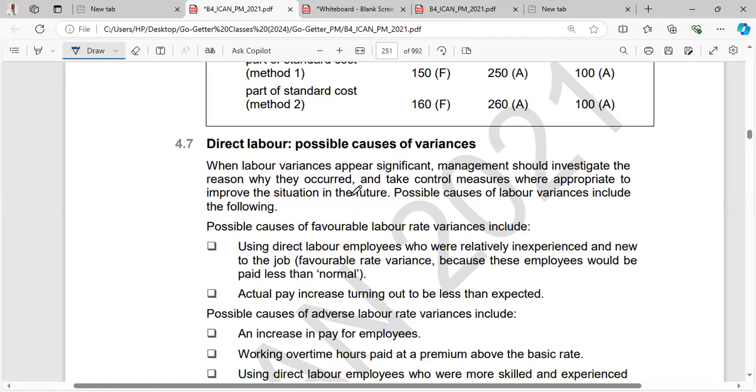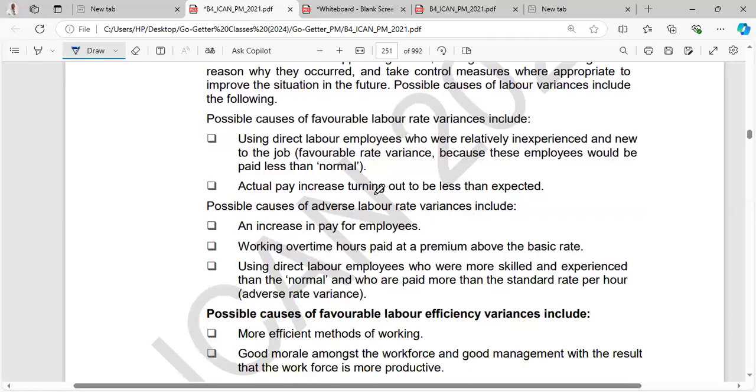And so you get a cheaper rate variance. Then if the actual pay increase that you're supposed to pay them, either pay increase, overtime bonus, and all that, happens to be less than what you expect, it's favorable.